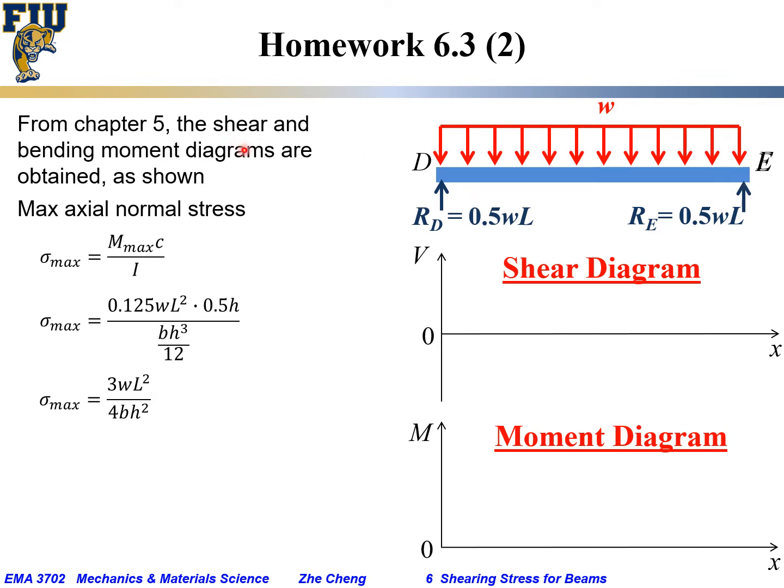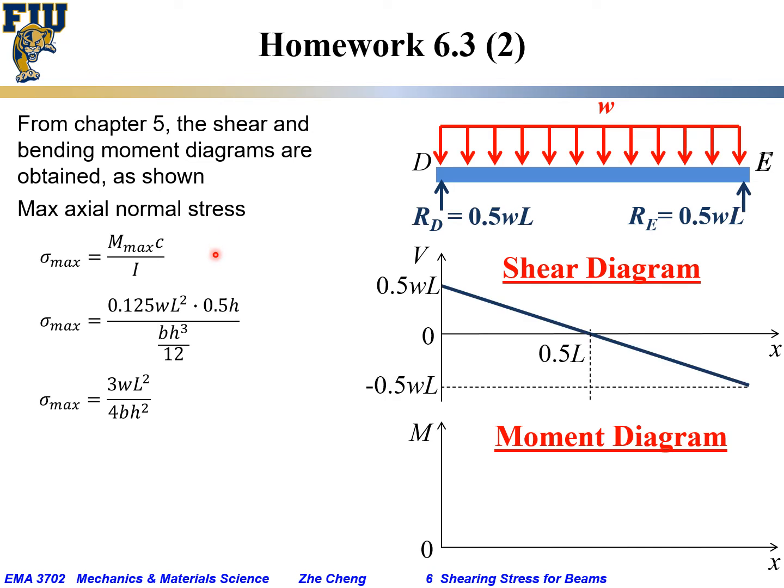And from chapter 5, we can get the so-called shear diagram. We would have shear that changes linearly with location, and the internal shear would be 0 at the center, reaching 0.5 WL at the D side and reaching minus 0.5 WL at E side.